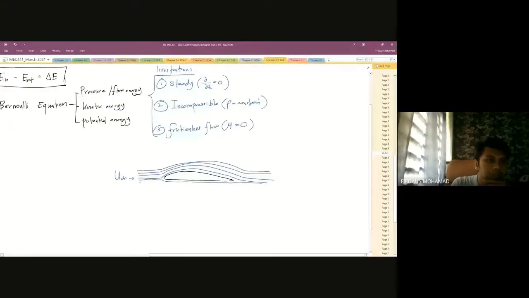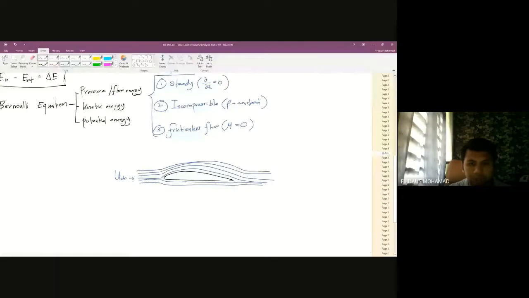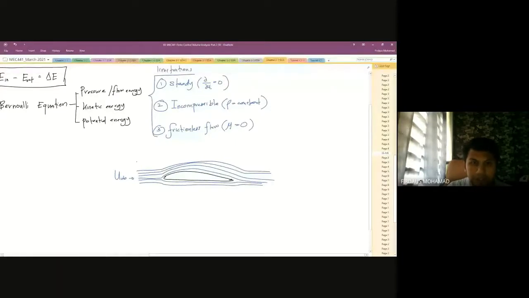So basically for this case, the steady, incompressible, and frictionless flow is only valid outside the boundary layer region.